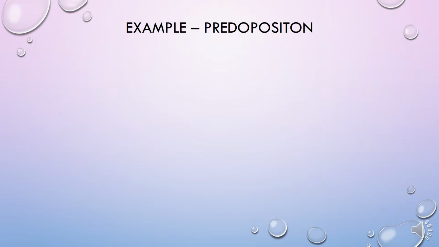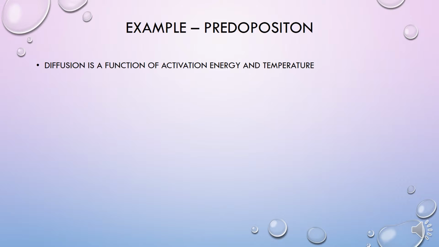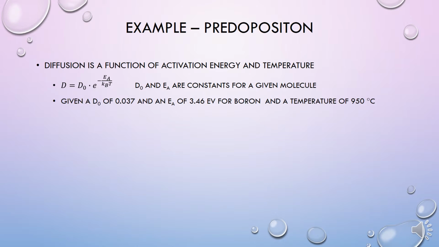So our example first starts with the pre-deposition step, which, as we mentioned before, diffusion is a function of both activation energy and temperature, given by this equation, and D naught is a constant for a given molecule. In this case, for boron, we have a D naught of 0.037 and activation energy of 3.46 eV.